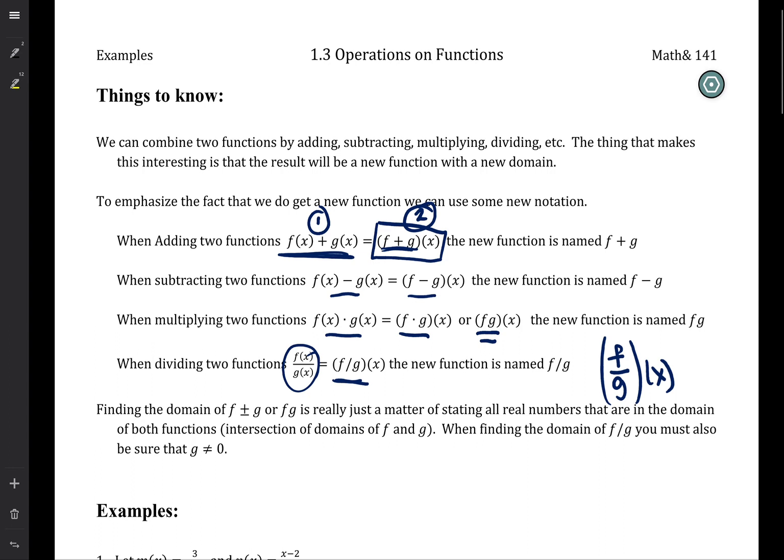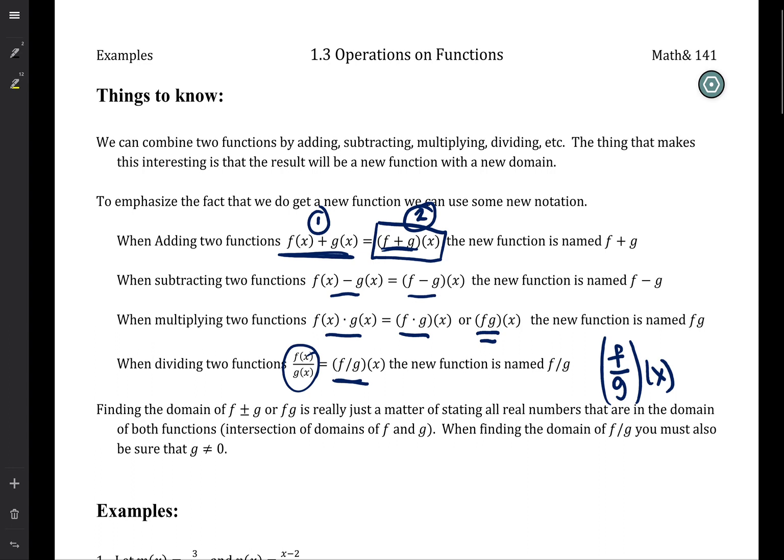So we will have to worry about making new problems with dividing by 0. So for f divided by g, we'll want to leave out anything that causes problems for f or g individually, and we'll also want to leave out anything that causes g to be 0 and would make that new fraction undefined. So that's the background info.